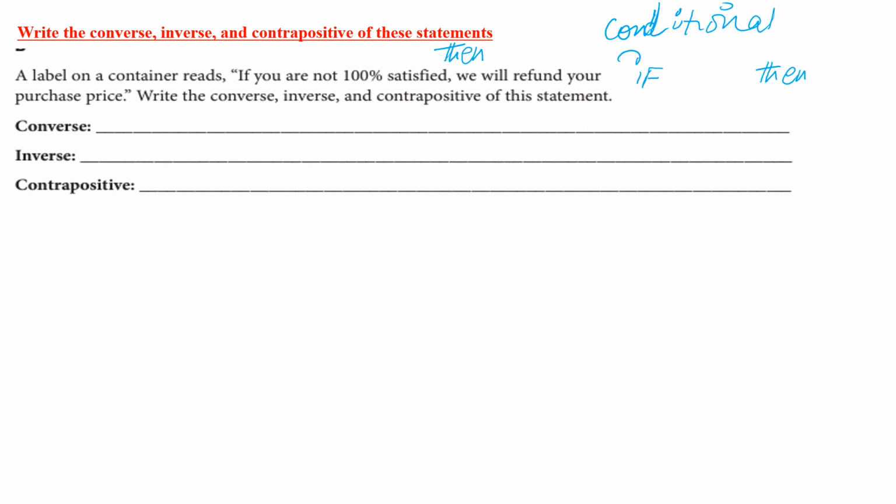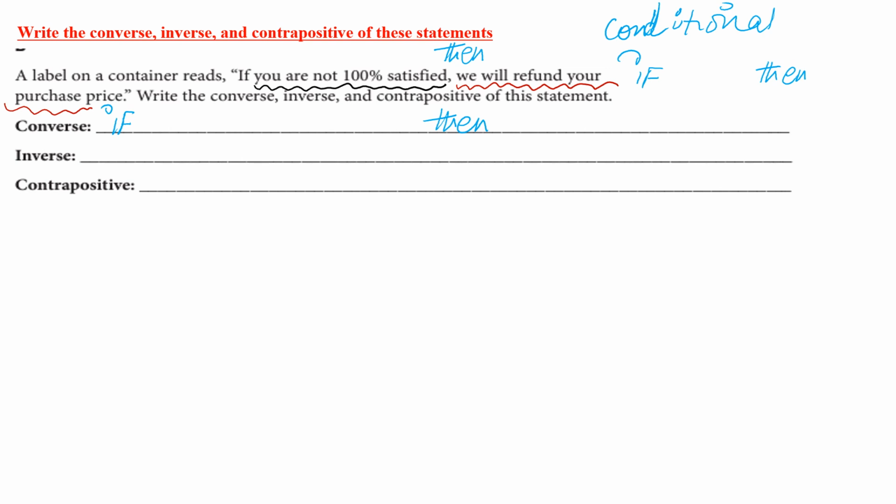Now keep the if and then at their own places, but change the places of these two statements. The statement written after the if is actually P, and I am underlining it with a black pen, whereas the statement after the then is your second statement, that is Q. Interchanging the two will change it into the converse statement.